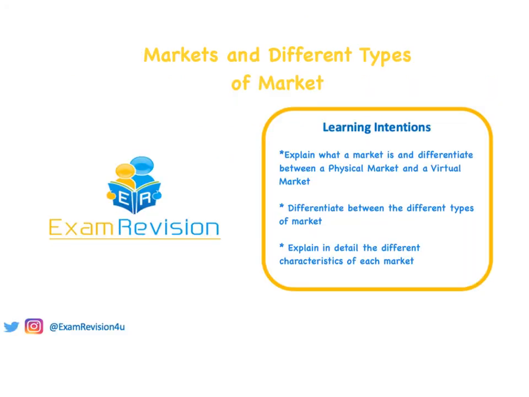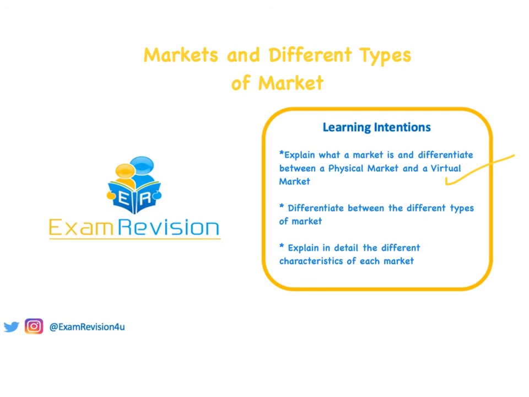So thanks again for watching this video. As we said, it was looking at markets and the different types of market. And our learning intentions for today were that we are going to be able to explain what a market is and differentiate between a physical market and a virtual market. And we know that a physical market is one which you can walk into, while a virtual market is online.